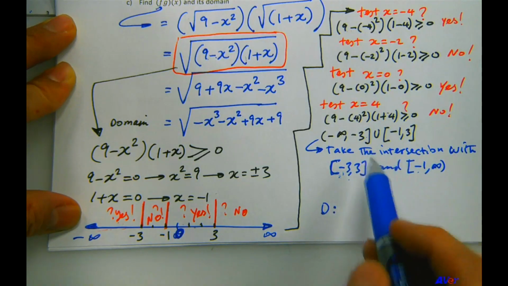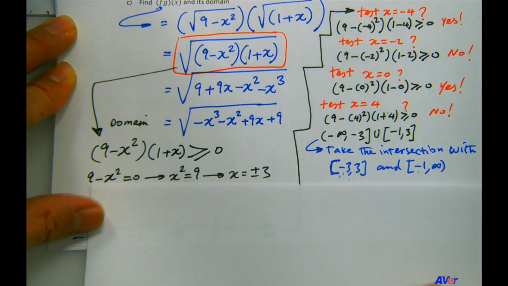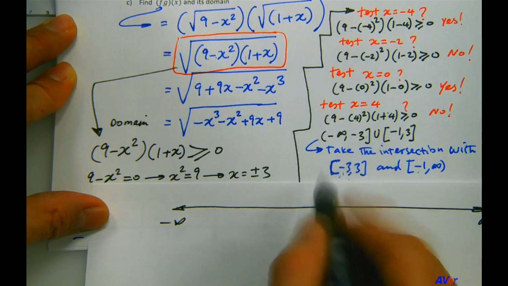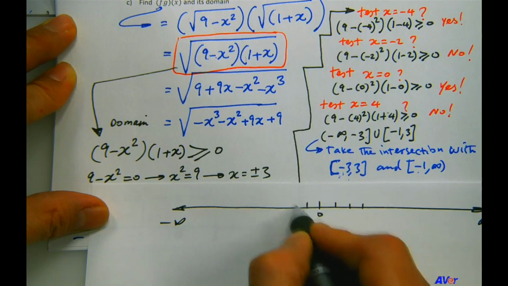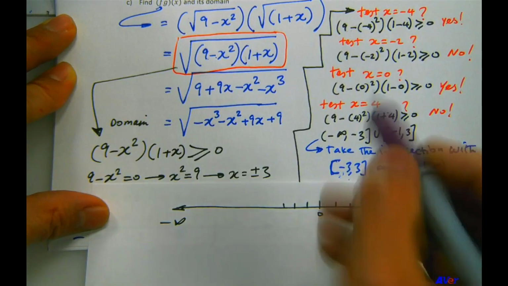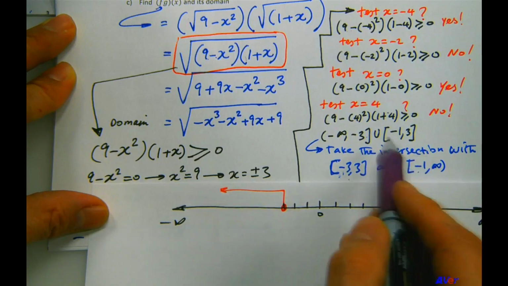Okay, so let's draw a picture here. We have 1, 2, 3, 1, 2, 3. Negative infinity to negative 3 would be that region.